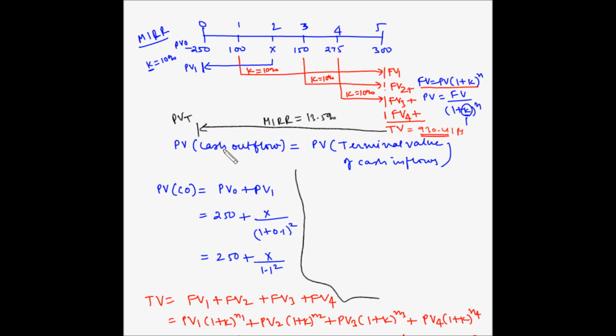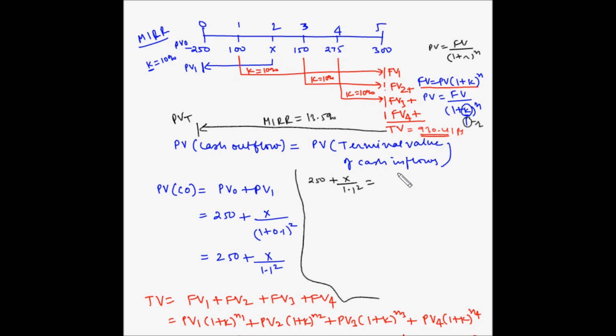So basically the present value of cash outflow is this. So 250 plus x divided by 1.1 square is equal to, now present value is future value divided by 1 plus I to the power n. Now in this case, this I will be replaced by R, which is nothing but the MIRR. So basically the present value becomes future value divided by 1 plus R to the power n.